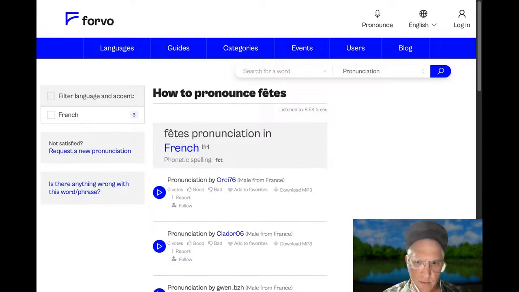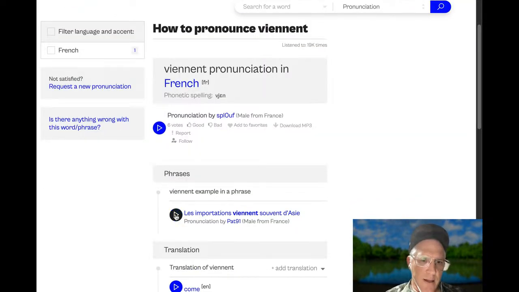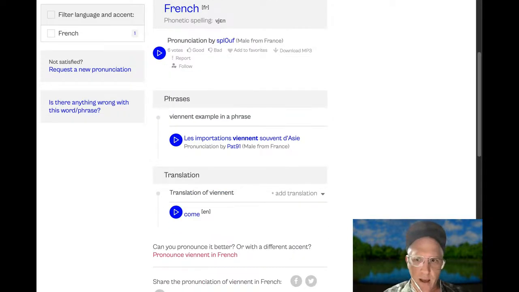We have another fête. We have two fête. And then lay is A. It's an underline. Fête is a circle. Next one is Vienne. Vienne. Vienne is a circle.